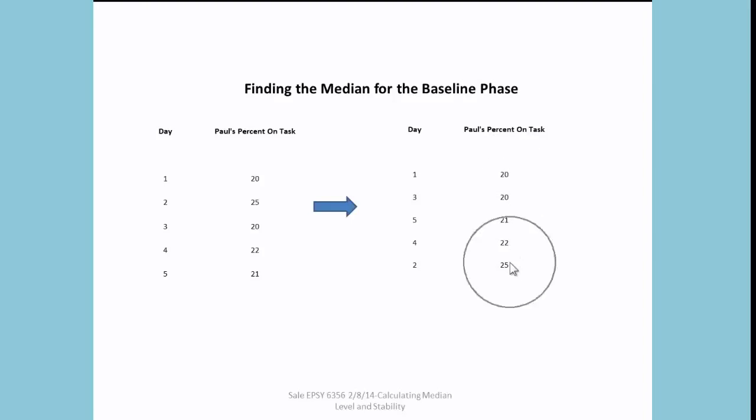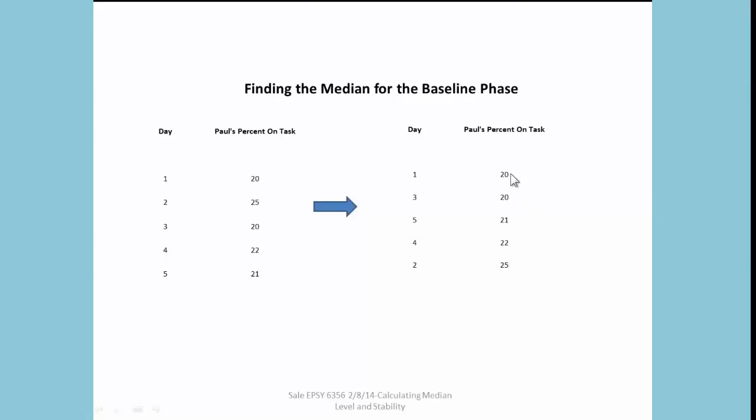In our particular example, we will take the on-task data that's ordered by day, day 1 through 5, and move it to a different order, from lowest to highest.